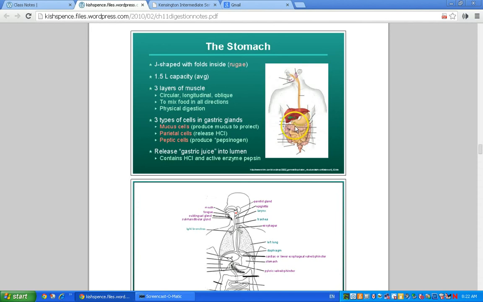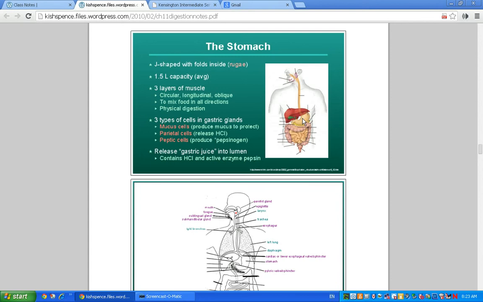There are 3 types of cells in the glands that line your stomach. When we talk about your stomach, we refer to it like, when we talk about your lungs, we say pulmonary. When we talk about your heart, we say cardiac. When we talk about your stomach, we say gastric.